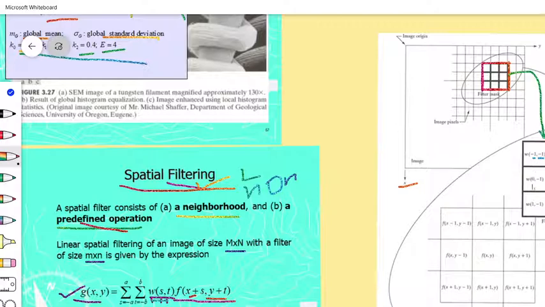In this way the y coordinate is changing, and in this way the x coordinate is changing. 0 comma -1, 1 comma -1, and then 1 comma 0, 1 comma 1, 0 comma 0, 0 comma 1. These are the filter coefficients. Remember these coefficients to do the filter operations.